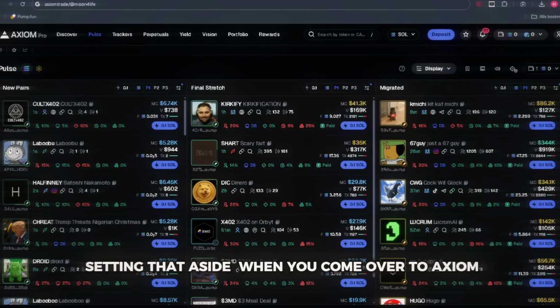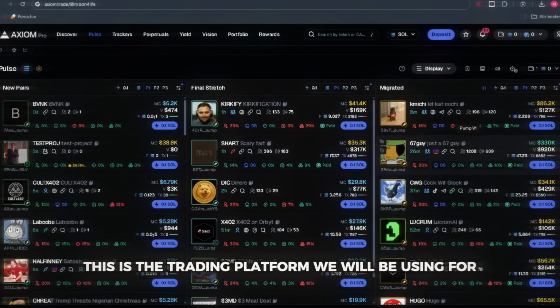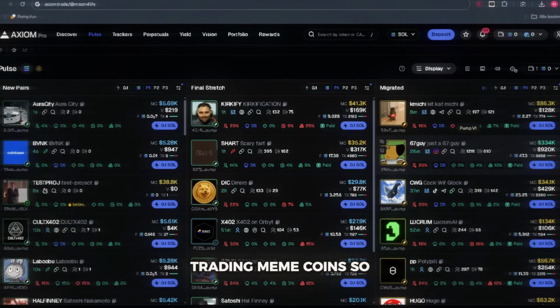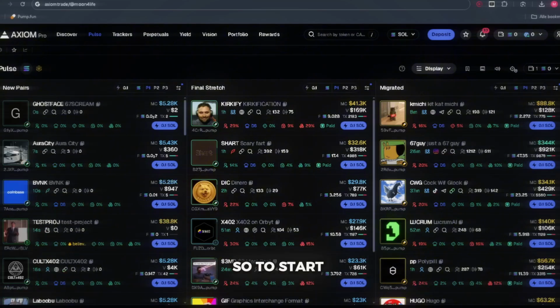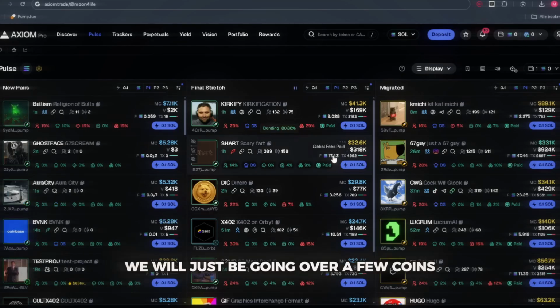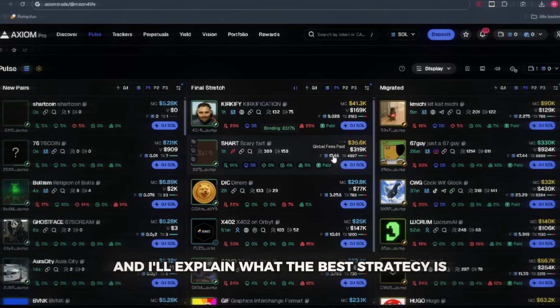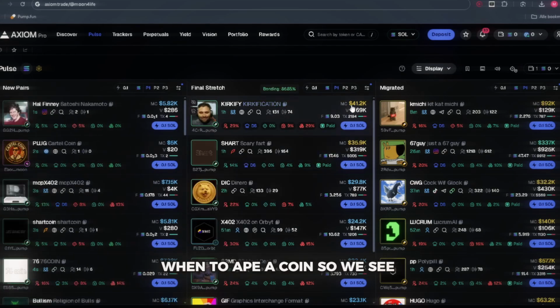So setting that aside, when you come over to Axiom, this is the trading platform we will be using for trading meme coins. To start, we will just be going over a few coins, and I will explain what the best strategy is and when to ape a coin.